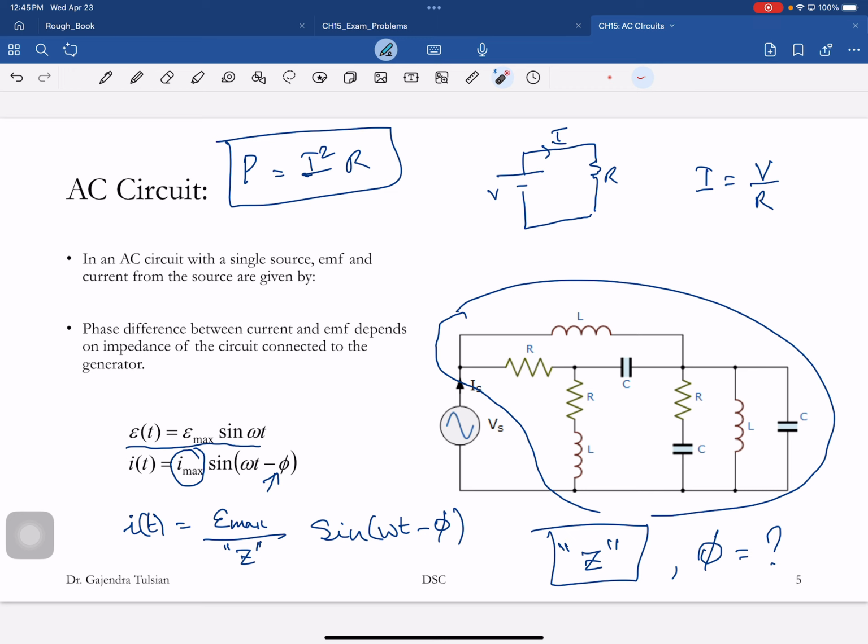So the higher the impedance, the lower the power. And this is a very important factor in AC circuits. So you will learn toward the end of the chapter that this phi, which is a number, can take values between pi by 2 and negative pi by 2.